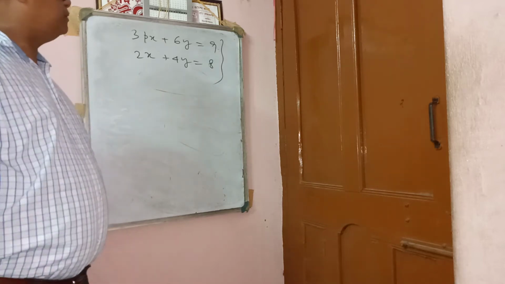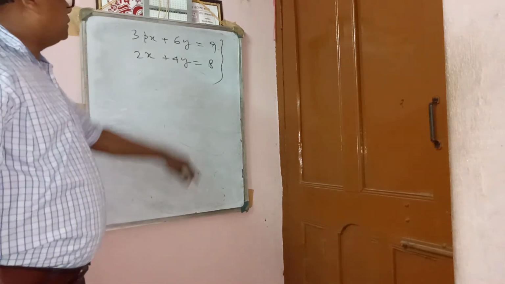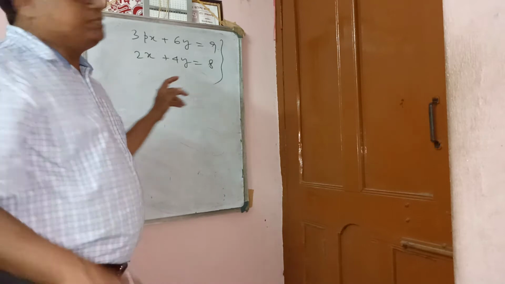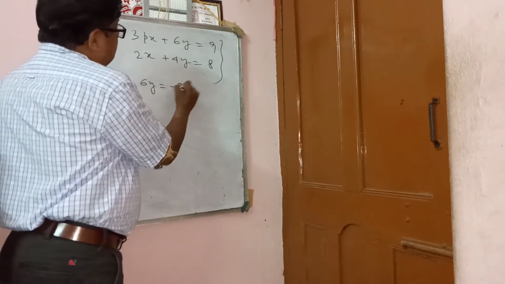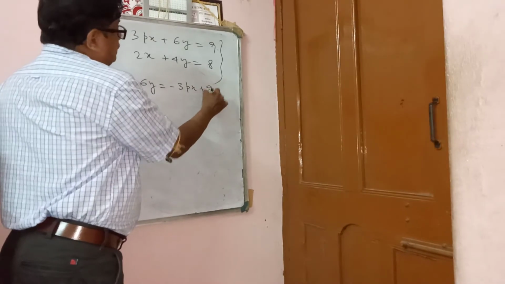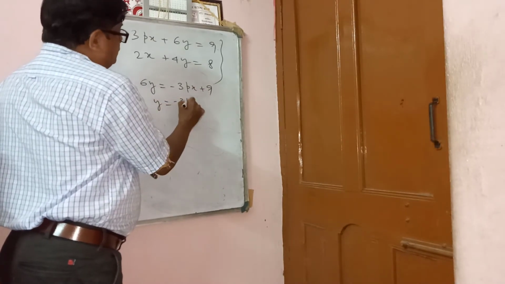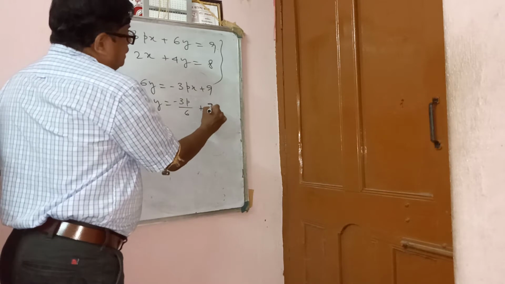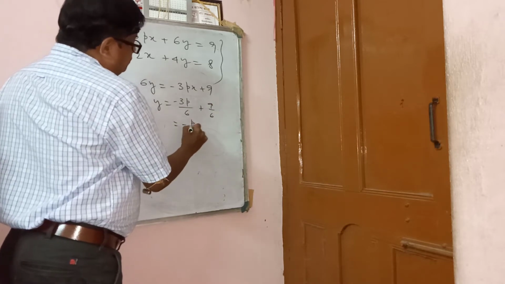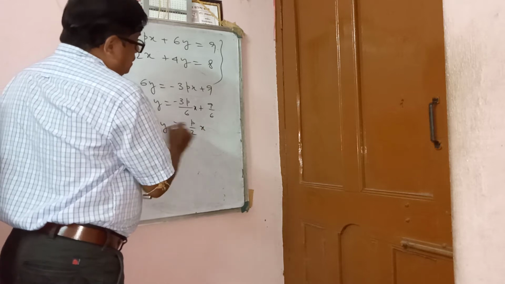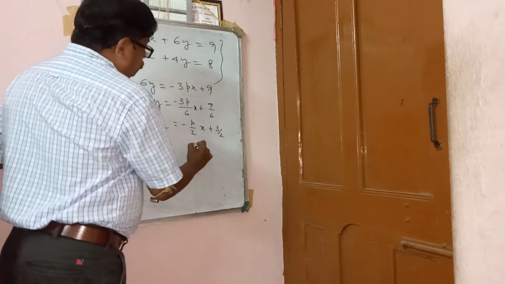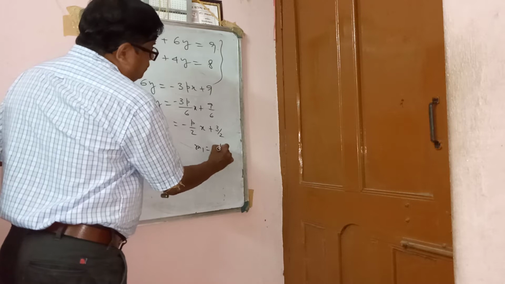So here, find out first y equal to mx plus c, in a similar way. So you can write here 6y equal to minus 3px plus 9. So y equal to minus 3p by 6 plus 9 by 6. So here minus p by 2 x plus 3 by 2. So you can write m1 equal to minus p by 2.